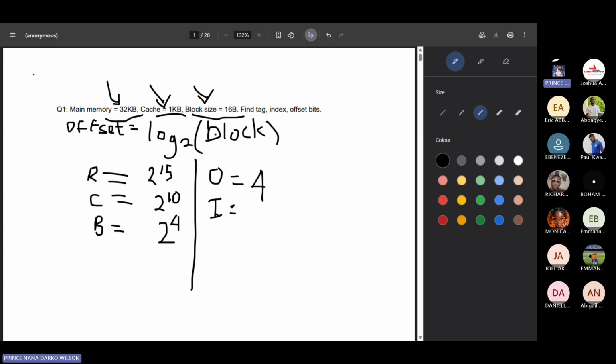The cache size has been given to be 1 kilobyte, and for 1 kilobyte we write its power of 2 equivalent, that's 2 to the power 10. So, 10. And then for the block, on the other hand, we do the same. It has been given to be what? 2 to the power 4, right?